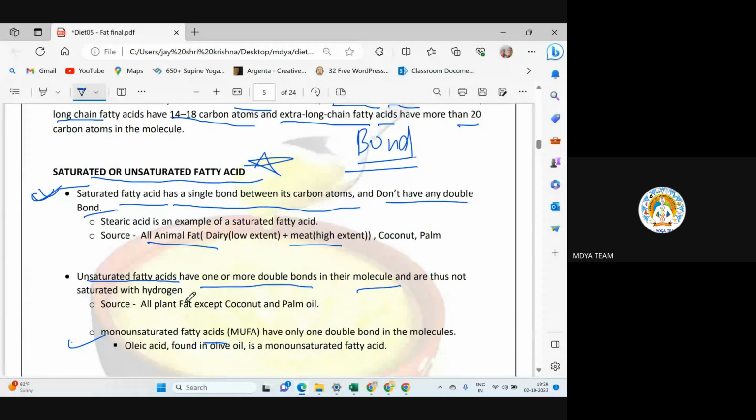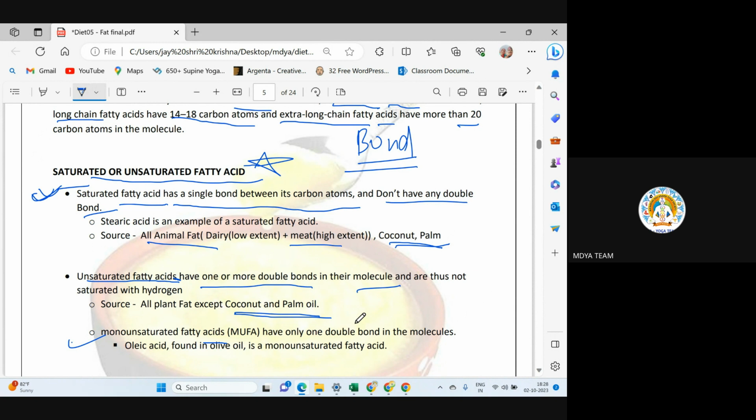And all the plant sources, except coconut oil and palm oil, contain unsaturated fatty acid. So these two are very important: coconut oil and palm oil contain saturated fatty acid, and unsaturated fatty acids are all plant sources except coconut oil and palm oil.